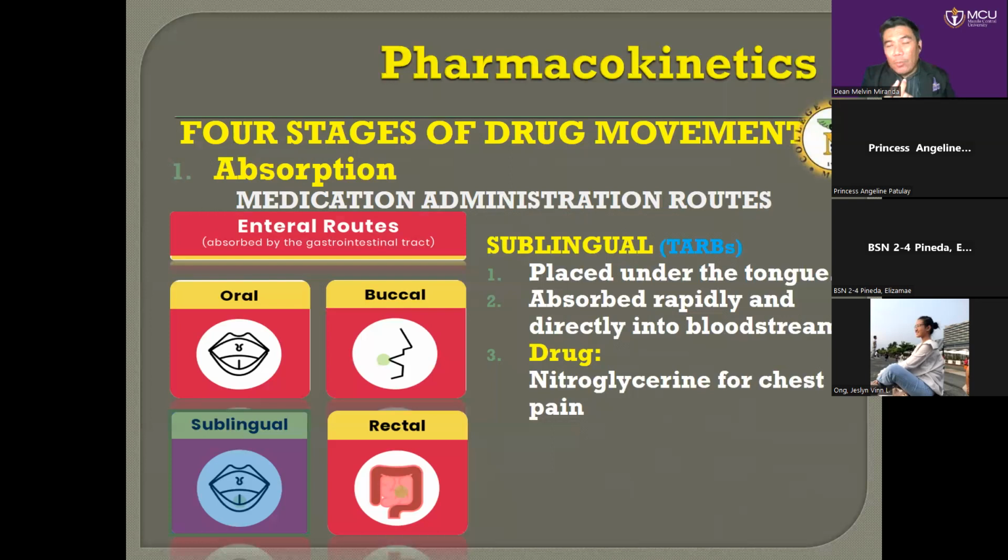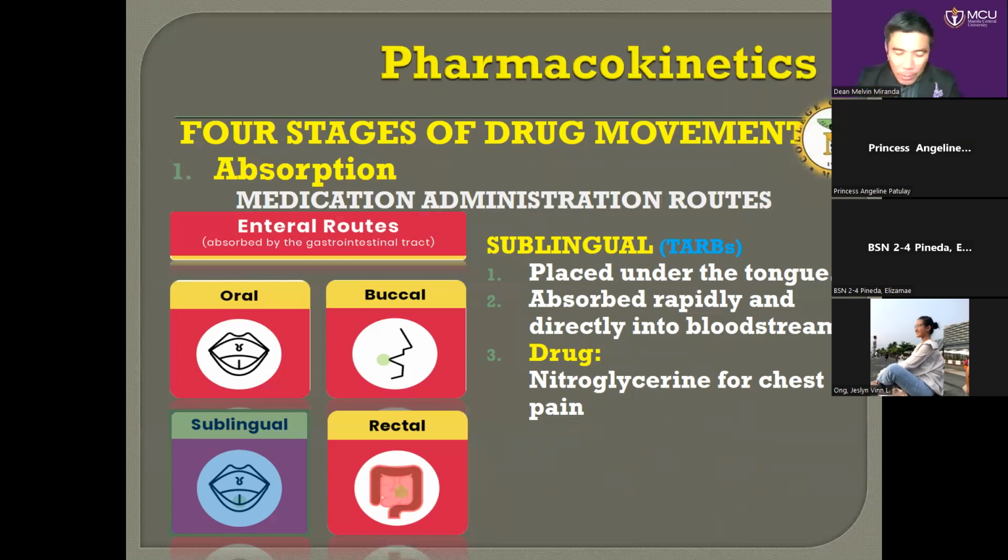Why under the tongue? It could be also considered as one. Kasi alam nyo po, ang oral cavity natin, especially the tongue, are highly vascular. Kaya that's why when the drug is being placed under the tongue, it could already reach and absorb via the intravenous. And once it is absorbed, it can reach the plasma. Kaya usually most of the emergency drugs are given under the tongue because of reach in the blood vessels and can possibly reach the plasma as well.